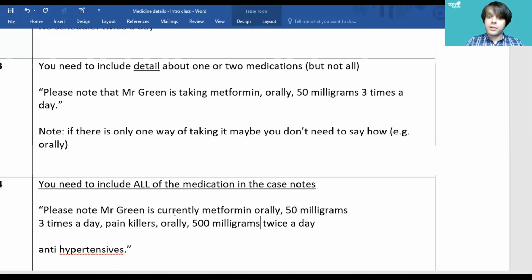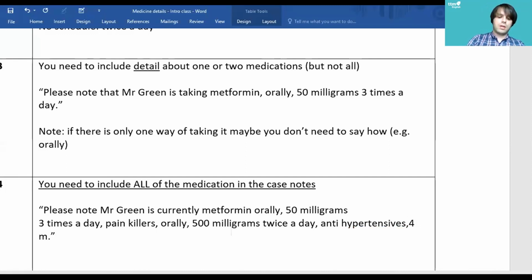We could do tablets, good, twice a day. And we've got antihypertensives. What's the dosage? Orally. Is it orally? Yeah, sometimes it's 4 mg, sometimes 5 milligrams. Okay, milligrams.